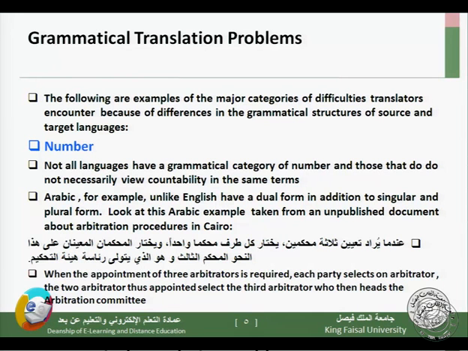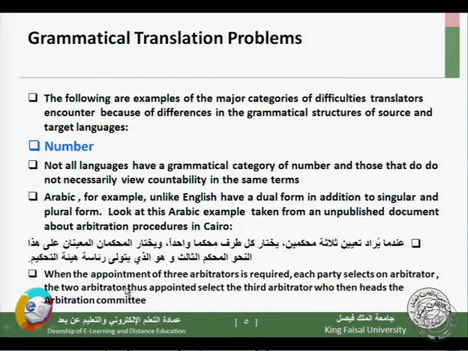Now, we have here duality in numbers. In English, if you are not a very, very good translator, you might not be able to do it successfully. But just say I have translated this to you in an acceptable way. When the appointment of 3 arbitrators is required, each party selects one arbitrator.